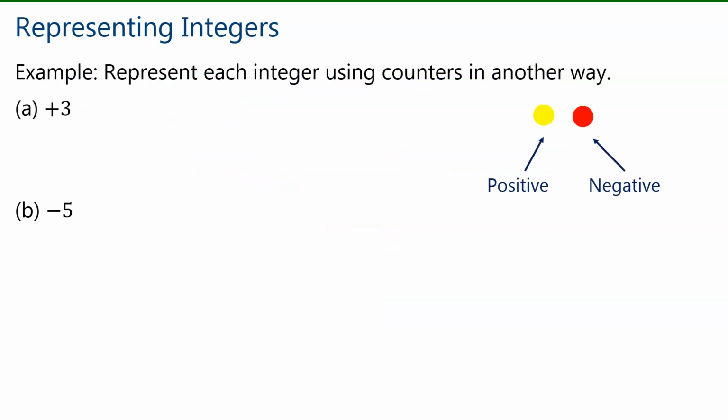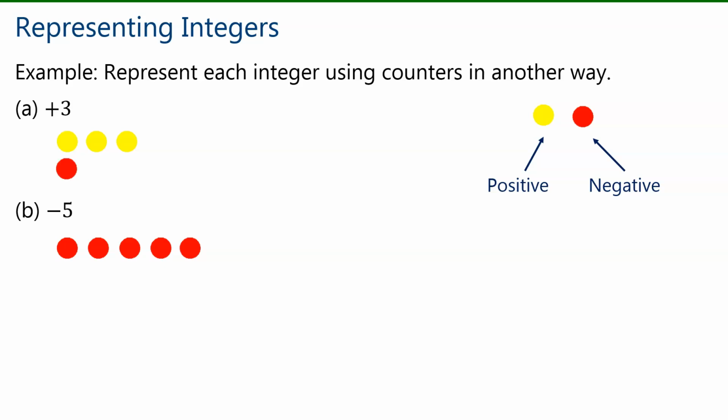So now let's use zero pairs to help us represent integers in different ways. We previously saw where we represented +3 using 3 of the yellow counters, and -5 using 5 of the red counters. So now if we are asked to represent +3 in another way, we can use the concept of zero pairs.